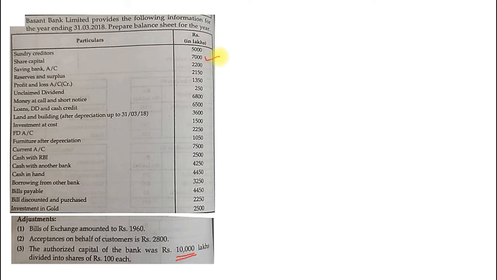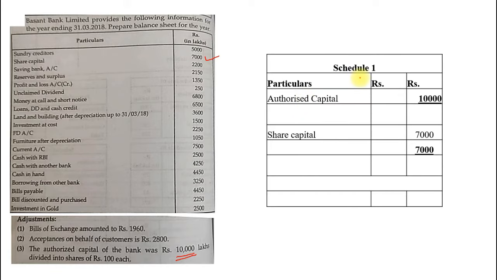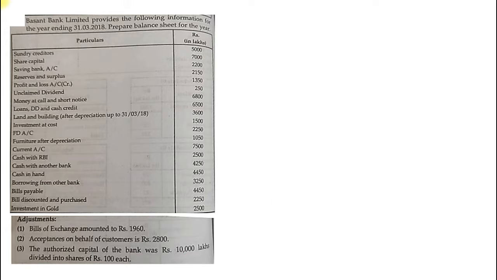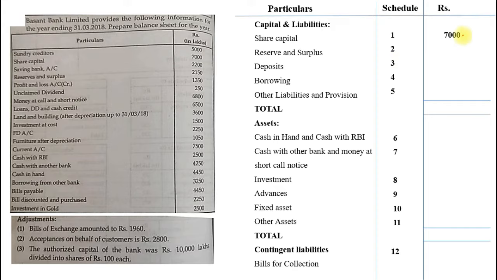And secondly, the share capital, which will actually be shown in the balance sheet. So in schedule one, we have authorized capital of 10,000. Just double line it and leave it there itself. Share capital was 7,000, so the total of share capital is 7,000. This is what we are going to post in our balance sheet. So balance sheet schedule one, 7,000 rupees, that is in lakhs.